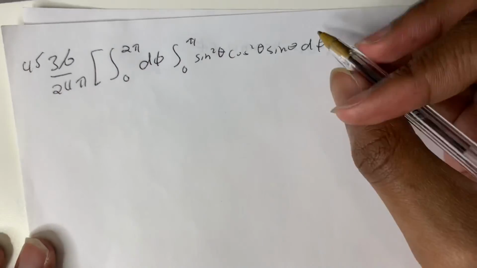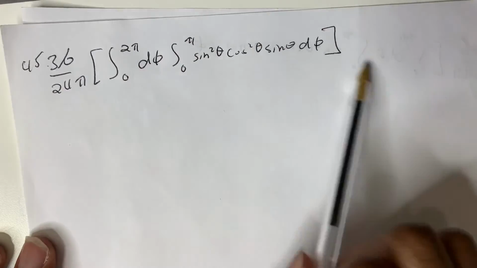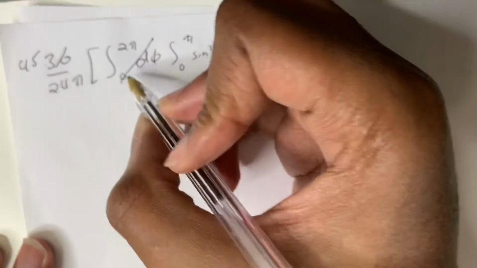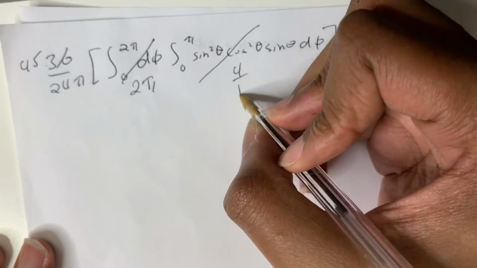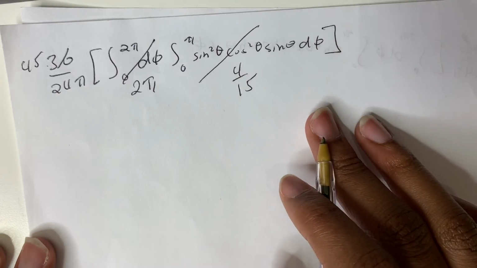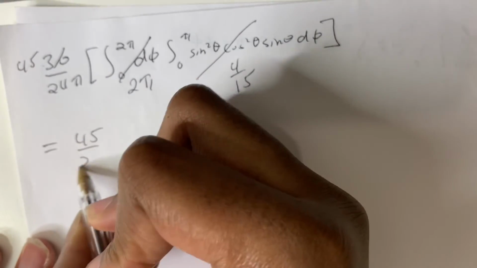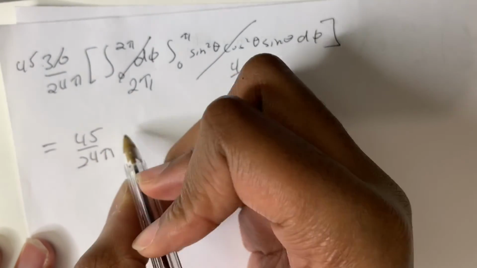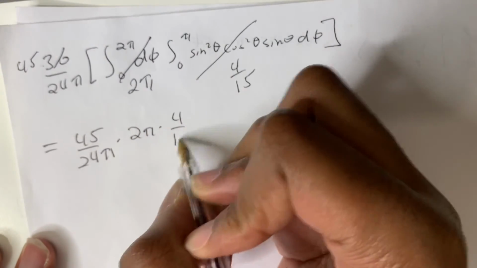The phi integral gave us 2 pi, and we got that the theta integral was 4 over 15. So now this is just 45 over 24 pi times 2 pi times 4 over 15.